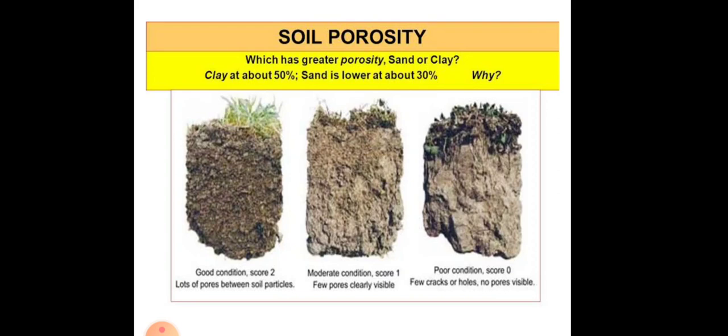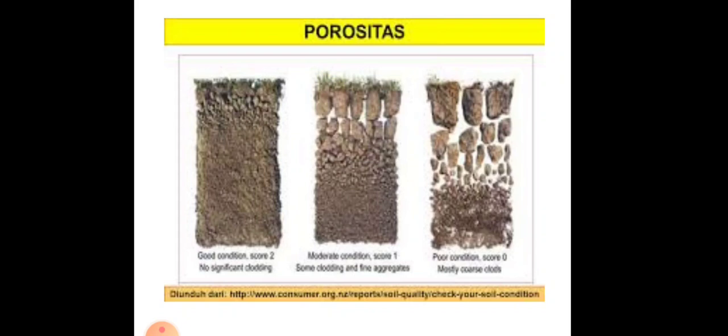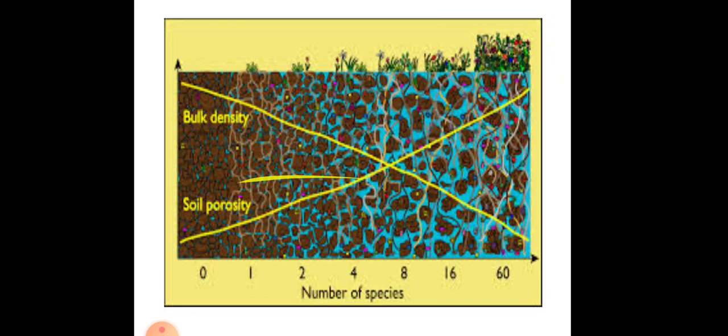So basically the clay soil has the highest porosity, then silt, and the lowest porosity is present in sand. So these are the arrangements of the soil particles such as clodding, fine aggregates and coarse clods. These are the different structures which play a role in the proportion of porosity.